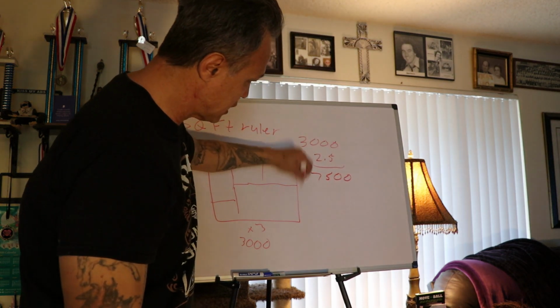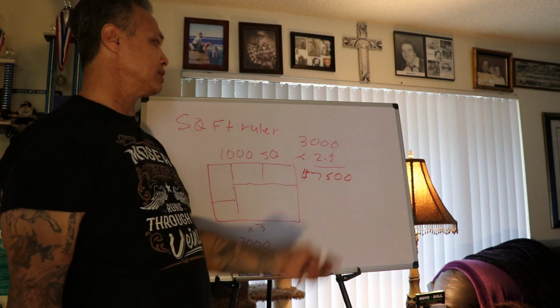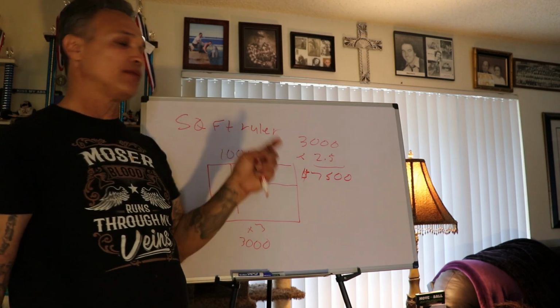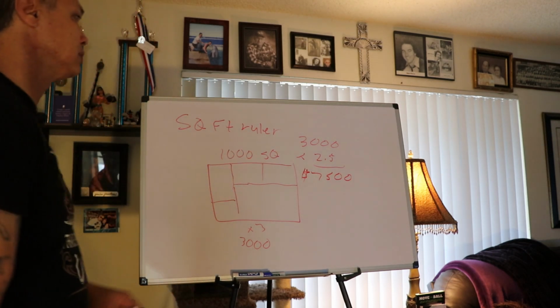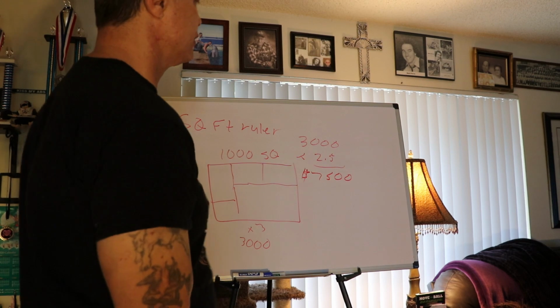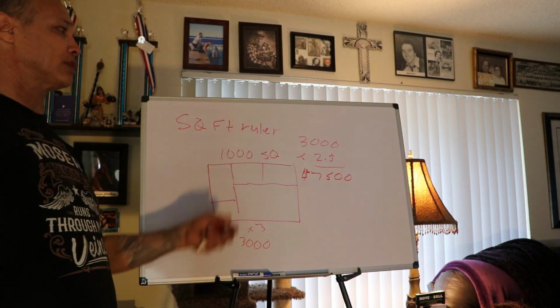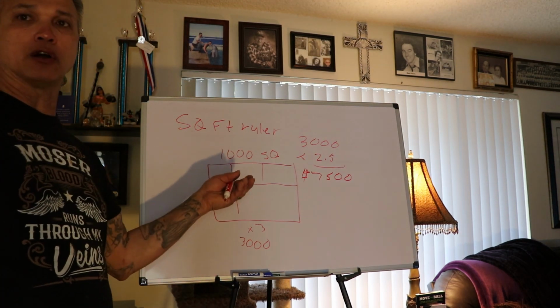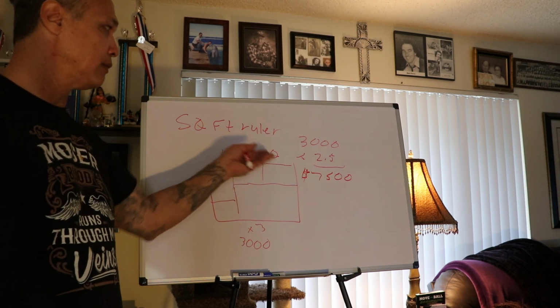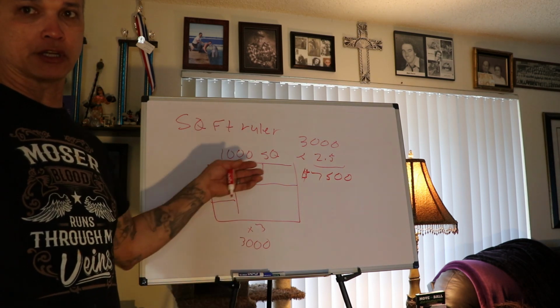So that's what it's going to cost. That's going to include your material. That's going to include your labor. On a 1,000 square foot home, it's going to cost $7,500 to do that home in spray texture.